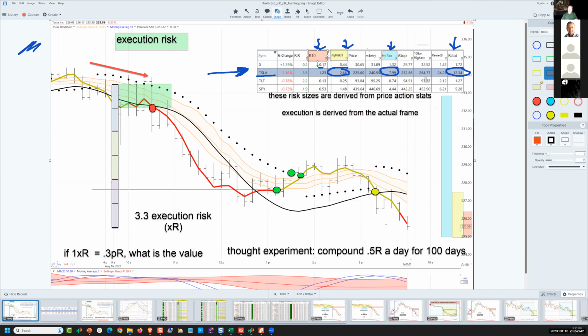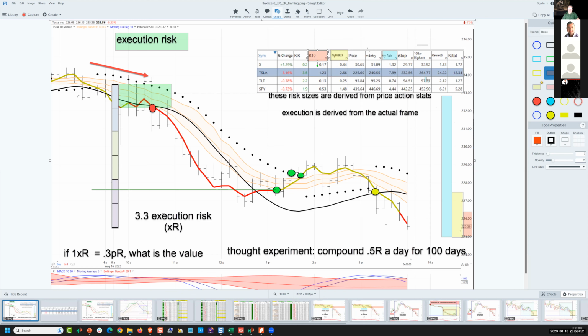It so happened that Tesla was down 3% today, which is this move from here to here. That's a 3% move on a $250 stock. So that's a move from 235 to 225, which is $10.